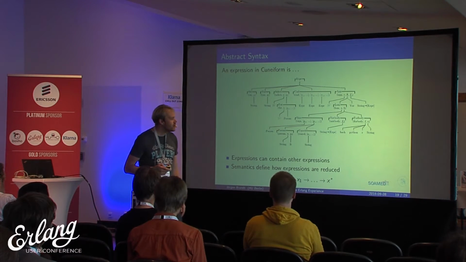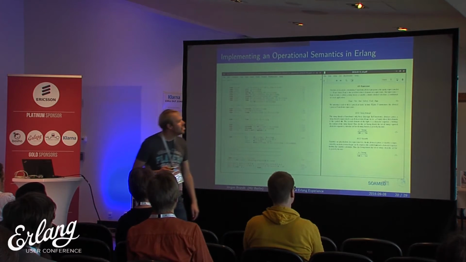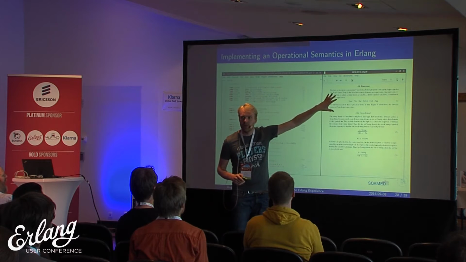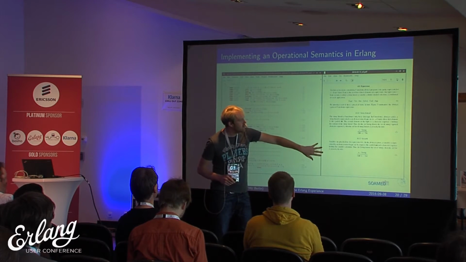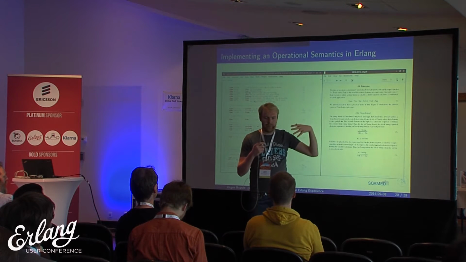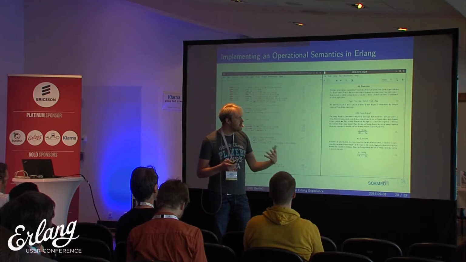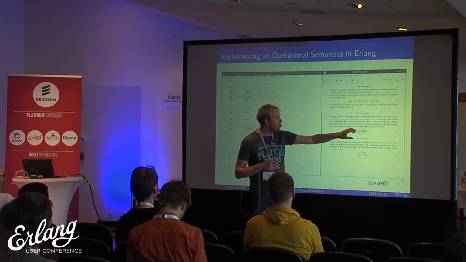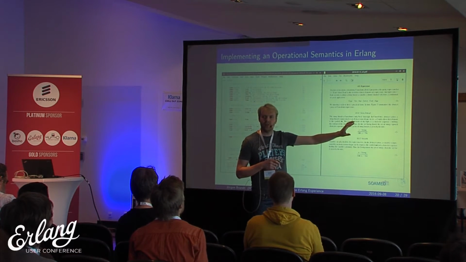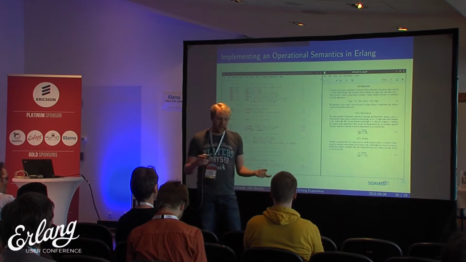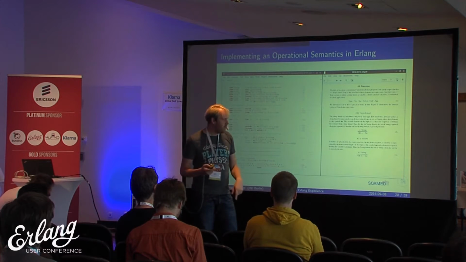And here I want to show you how this can look in text form. You have a description, as I said, and for each and every statement you can have an inference. So you describe the evaluation in terms of inference rules, and these inference rules tell you how the evaluation is done.